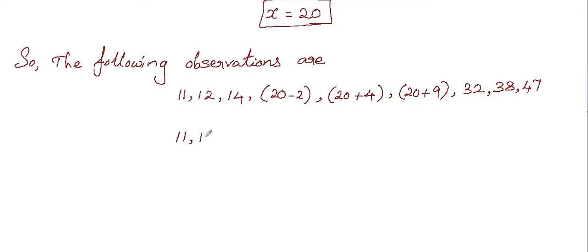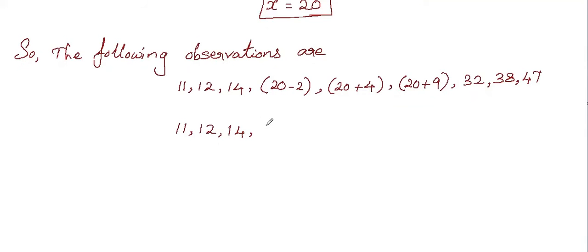If you simplify this, we'll get 11, 12, 14, 18. 20 minus 2 becomes 18, 20 plus 4 becomes 24, and 29, 32, 38 and 47.